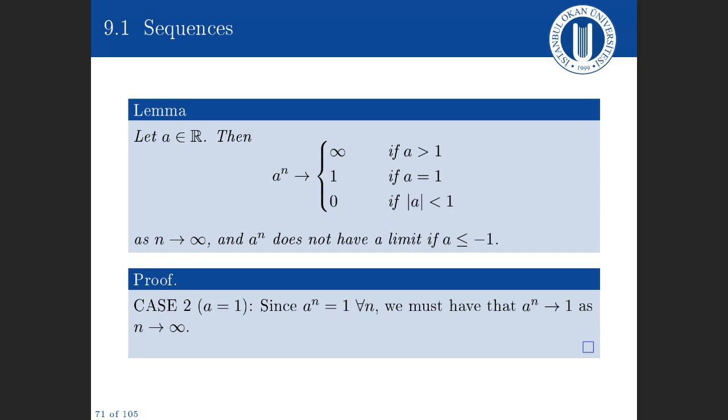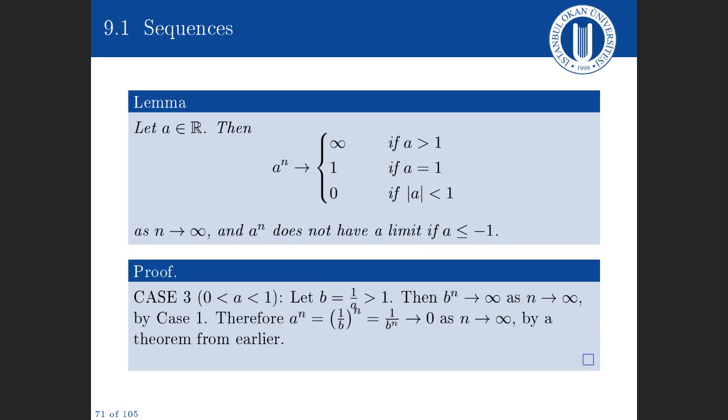Case 2. If a is equal to 1, then we just have the sequence 1, 1, 1, 1, 1, 1. So the limit must be 1. Case 3, if we're between 0 and 1, what we could do is we could let b be 1 over a, a trick we used before. b to the power n must then tend to infinity, so therefore a to the power n, 1 divided by b to the power n, must tend to 0.